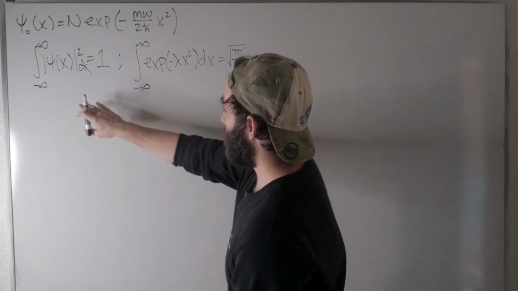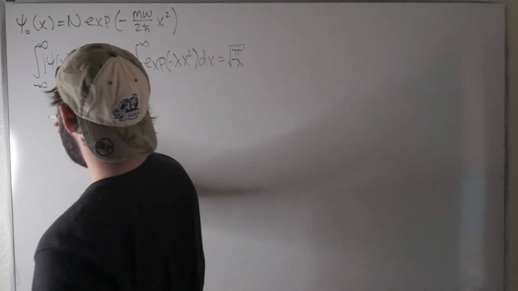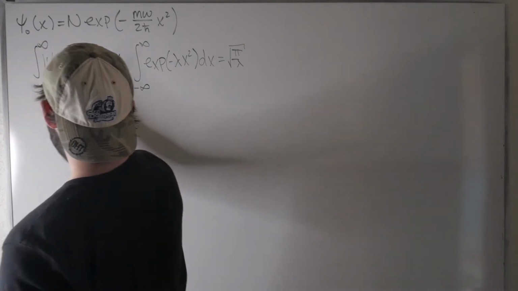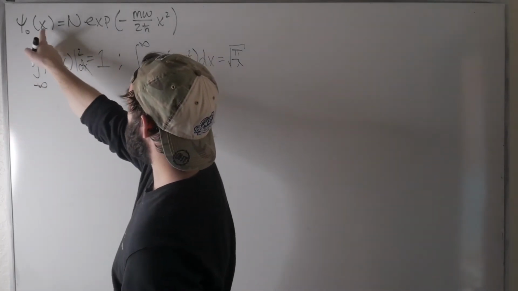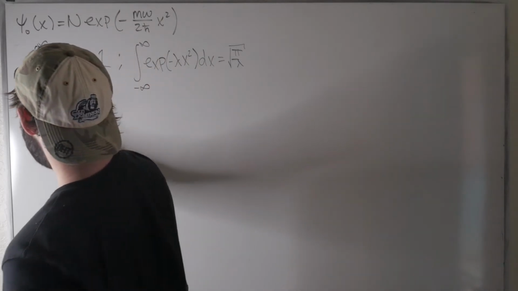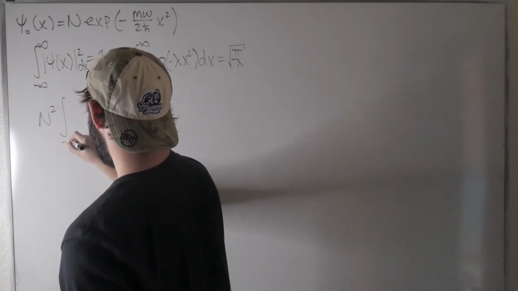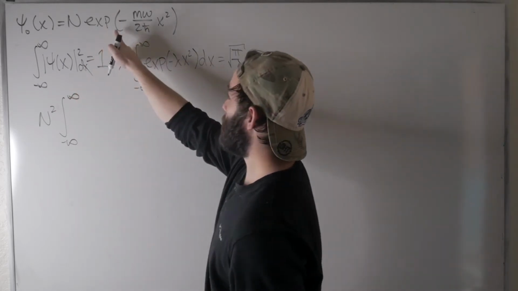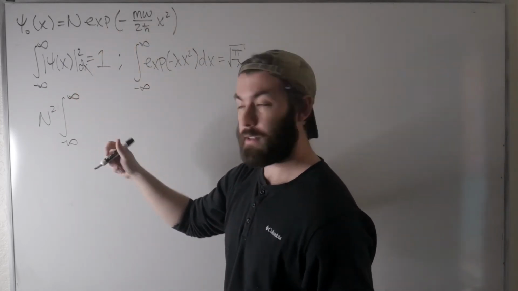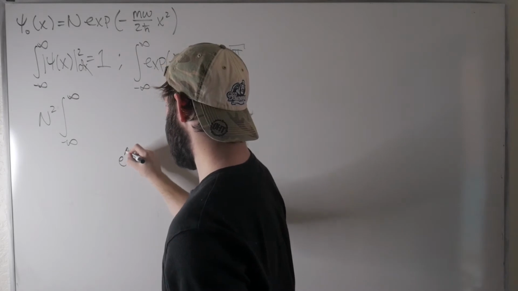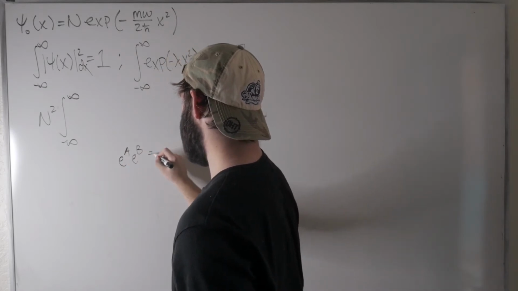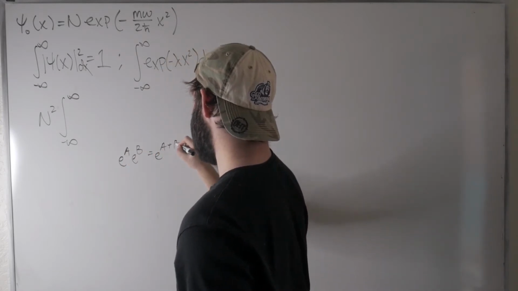Okay, so if we want to impose this relationship, that tells us that the square of the wave function, we're just going to square this guy. So it's going to be N squared, which is a constant, times the integral from minus infinity to infinity. If we multiply an exponential together with itself, we know that e to the a times e to the b is equal to e to the a plus b.